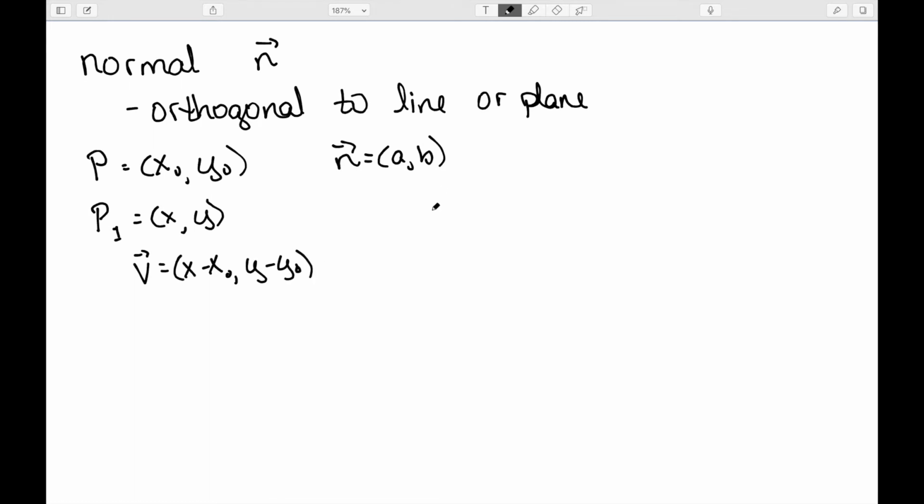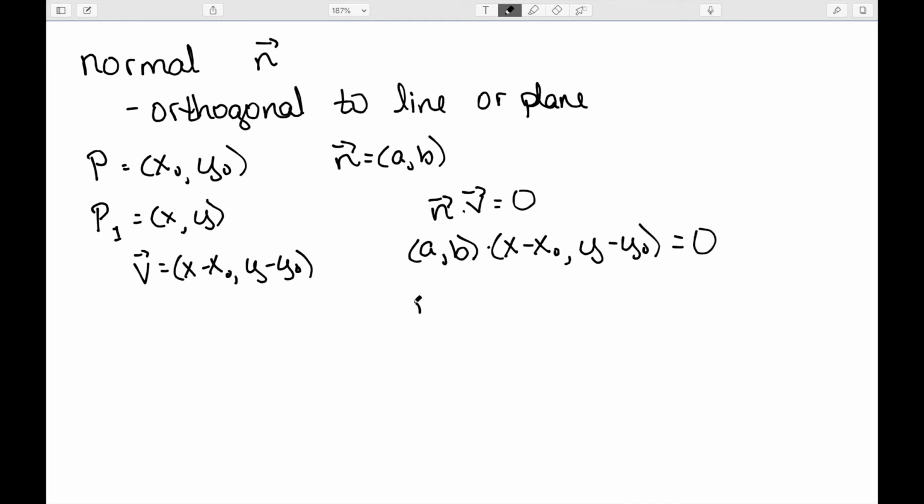So this tells us we need n dot v to be equal to 0 since we want these to be orthogonal. So we have a, b dot x minus x0, y minus y0 should be equal to 0. This gives us a times x minus x0 plus b times y minus y0 is equal to 0, and that would be our equation for a line.